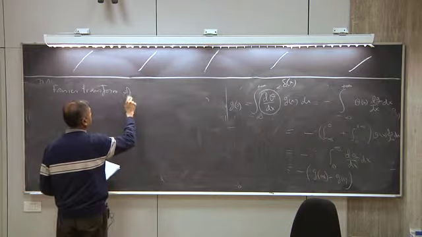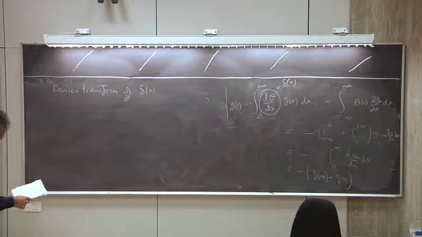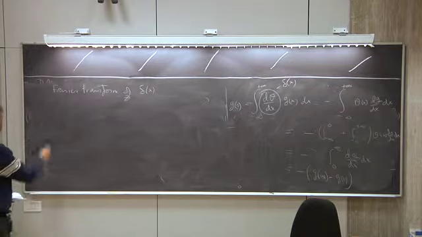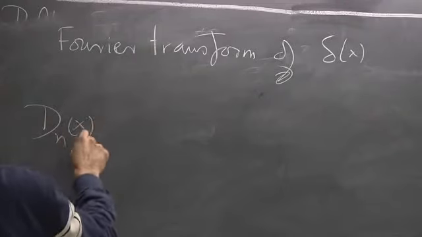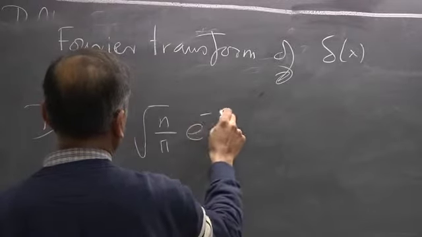Well, actually, the delta_n of x that we had written down was simply root n by pi times e to the minus n x square.